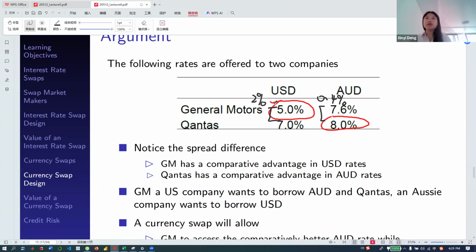So for General Motors, since the US difference is 2%, it's much larger than this 0.4%. So because of that, General Motors has a comparative advantage in borrowing USD.